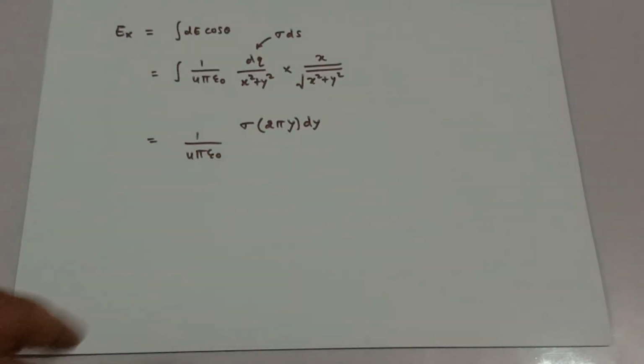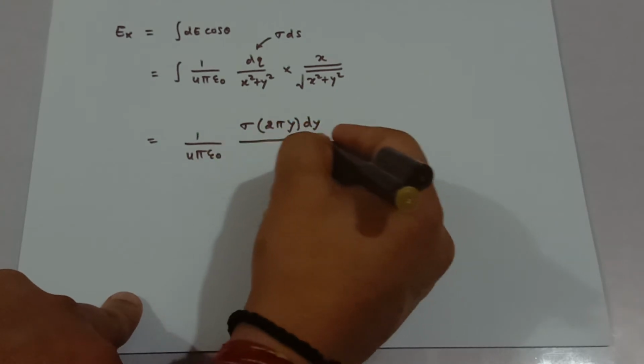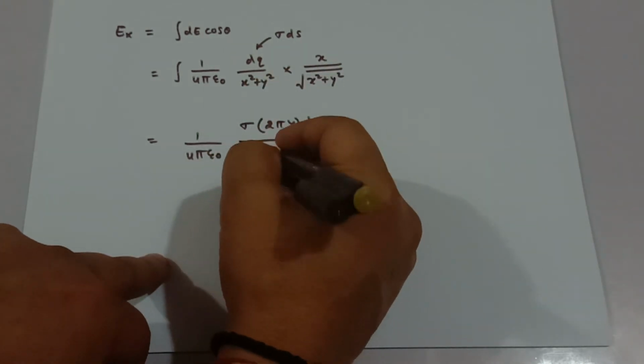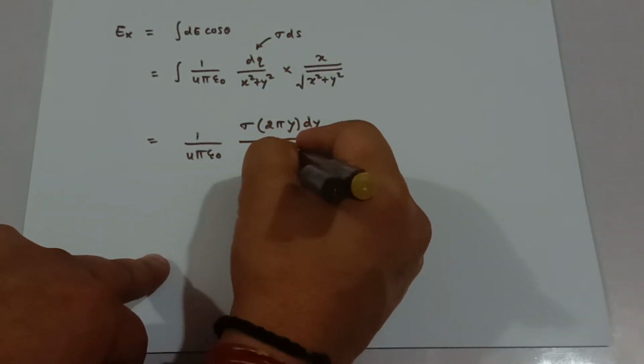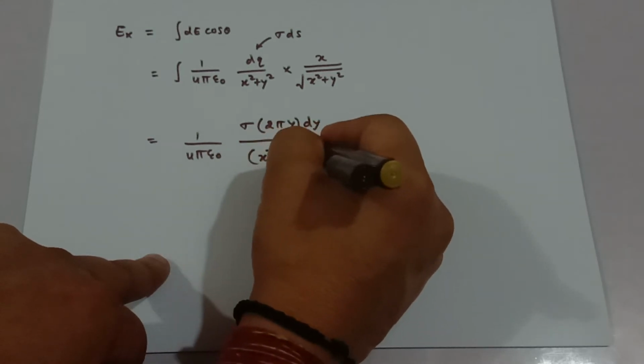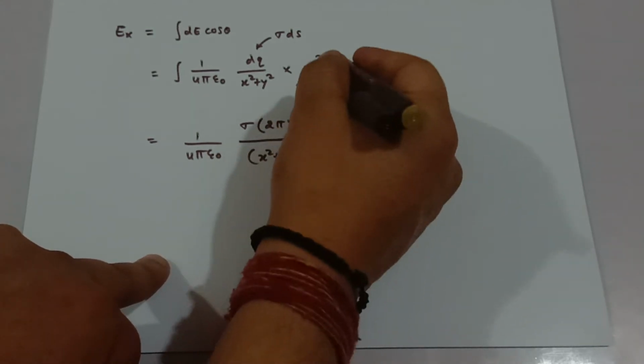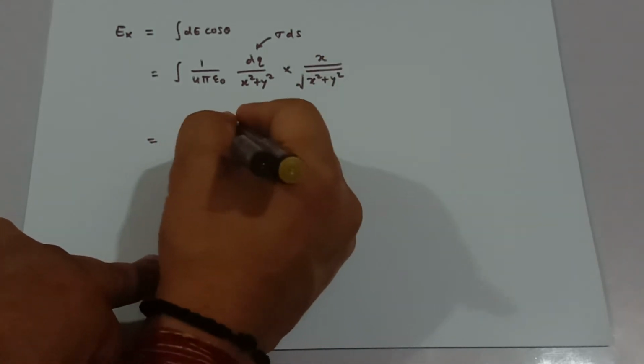So you put this value here in place of dq, and divide by these terms, so that would become x square plus y square to the power 3 by 2, and another term, which is x, you can write over here.